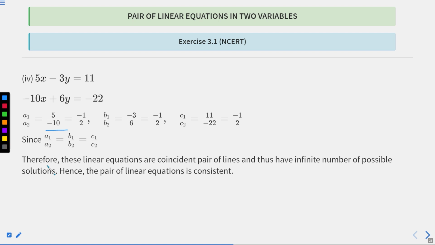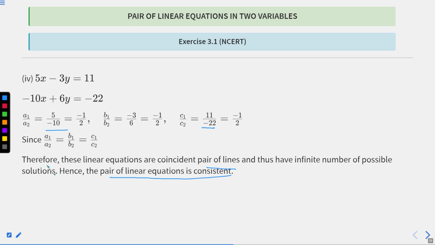And the ratio c1 by c2 is equal to 11 by minus 22, which is equal to minus 1 by 2. So here you can see the ratio a1 by a2 is equal to b1 by b2, and this is equal to c1 by c2. Therefore, these linear equations are a coincident pair of lines and thus have an infinite number of possible solutions. Hence, the pair of linear equations is consistent.